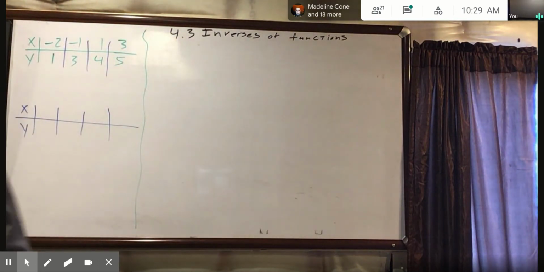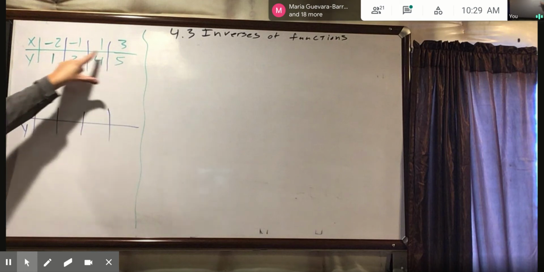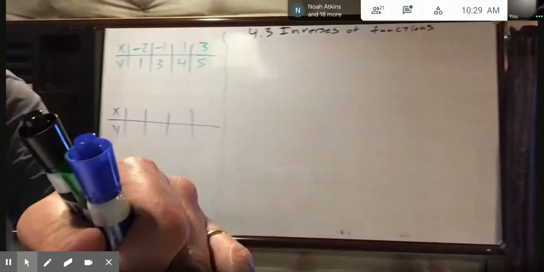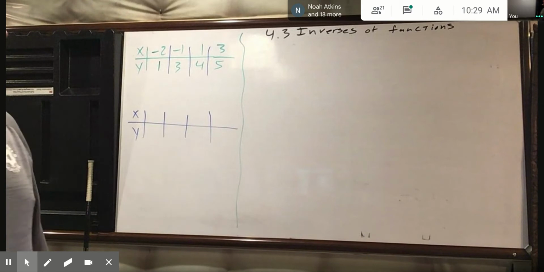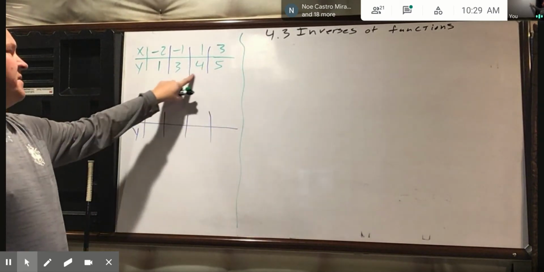So right now, I have a green function up here. How do I know that this is a function? Look at the data and tell me why it's a function. Can you move your camera a bit? We can't see it. Yep. Everybody good? Take a look at that data. Tell me why that's a function.